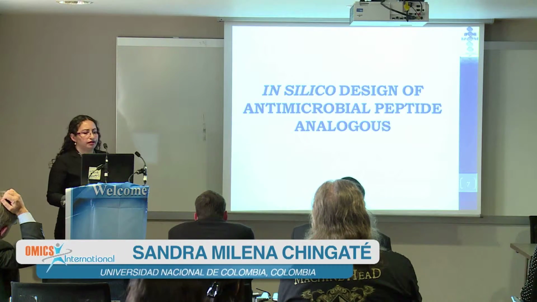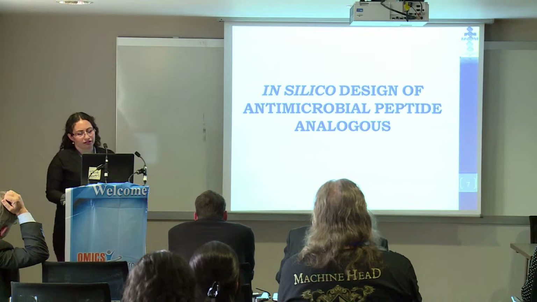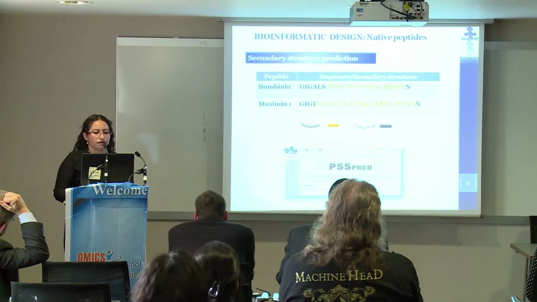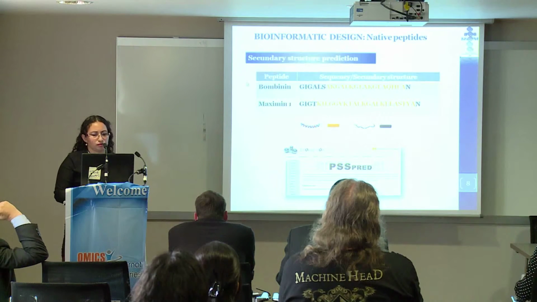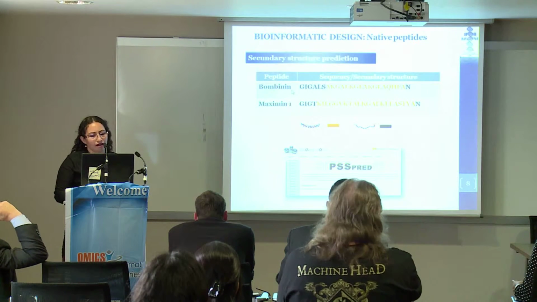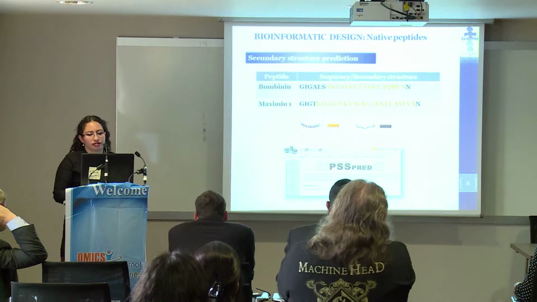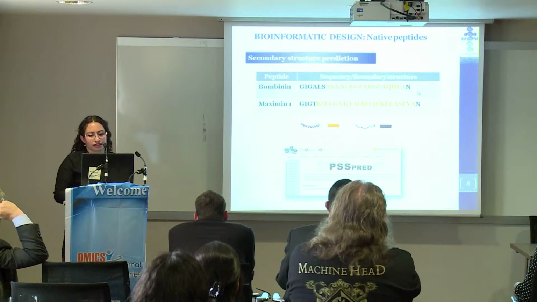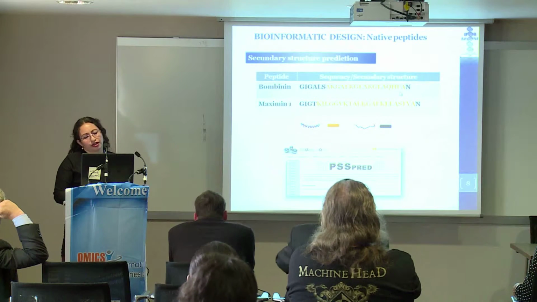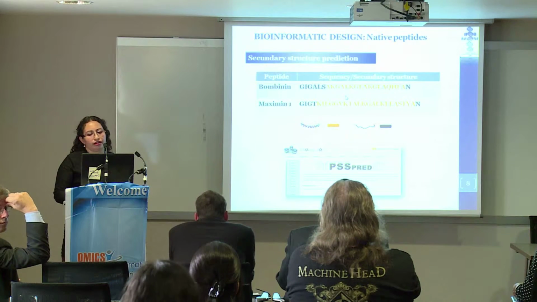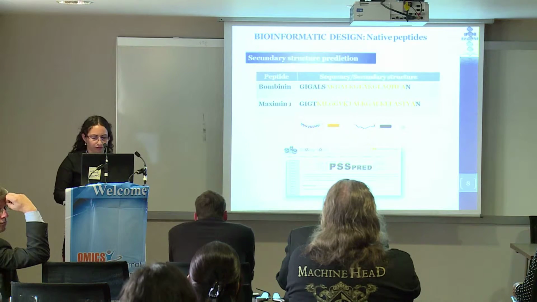In the first part, the in silico design of antimicrobial peptides, first we can see the two native sequences we worked with, bombina and maximin 1. This is the native sequence. In orange, you can see the part with helical structure.